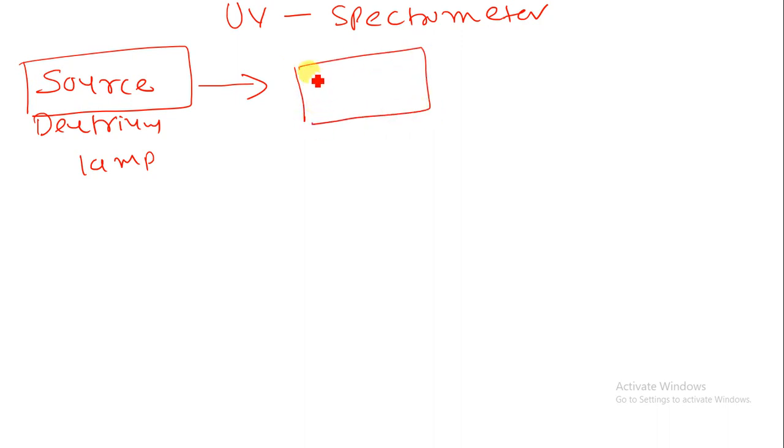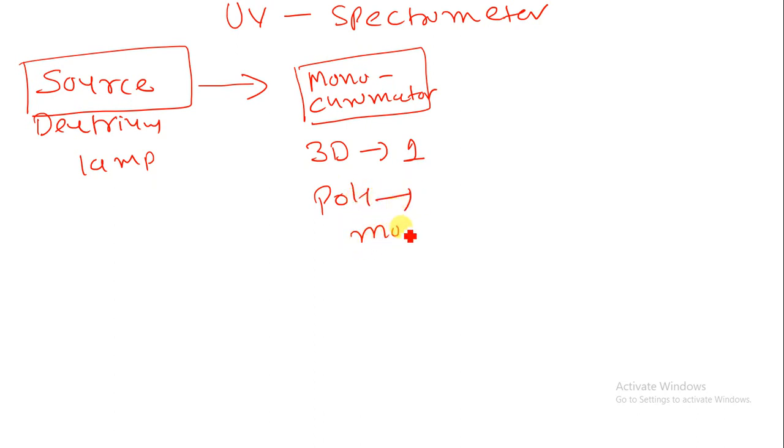What is a monochromator? A monochromator converts the polychromatic light into monochromatic light.